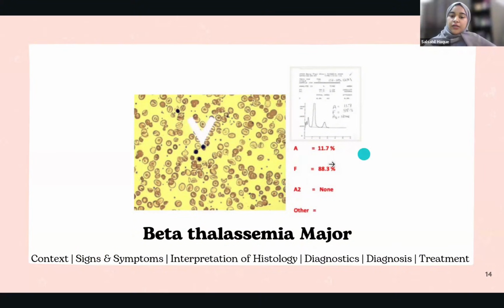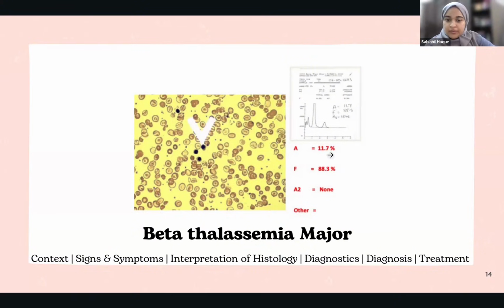Here, indicated by the high levels of hemoglobin F, this is produced in the fetus because it has a higher affinity to oxygen. However, in adults, in thalassemia major, the hemoglobin that is produced is already faulty, right? So the body reacts to this by producing hemoglobin F, which has gamma chains, and gamma chains have a higher affinity to oxygen.